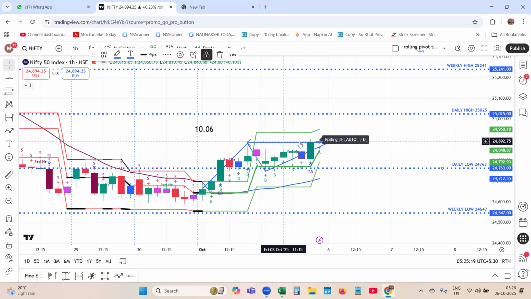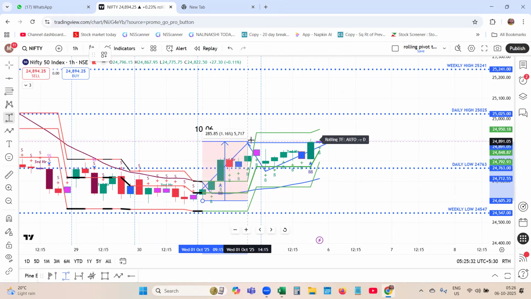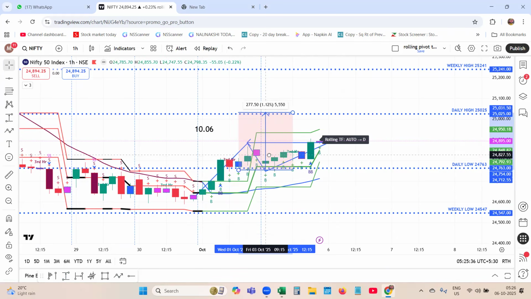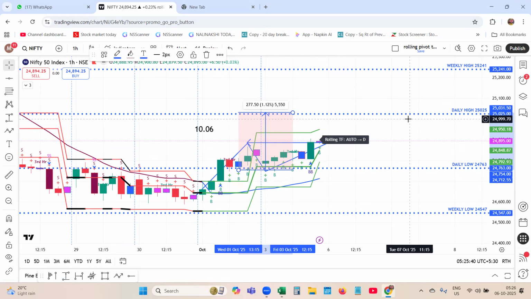This was the consolidation. Now, if I take the measured move from here to here, it exactly comes to the daily level of 25,025.